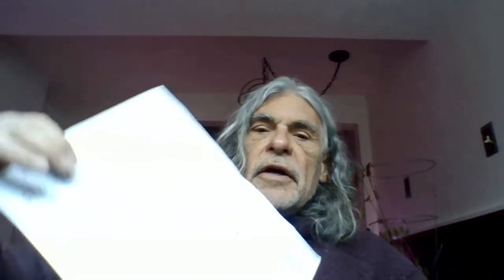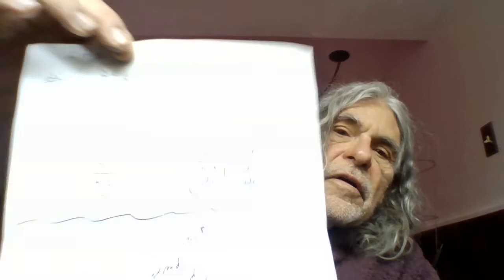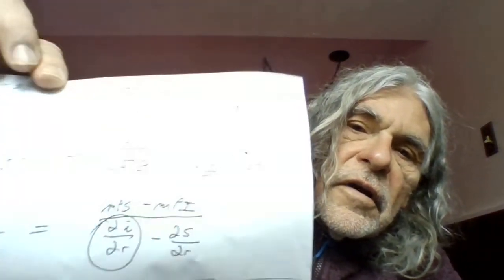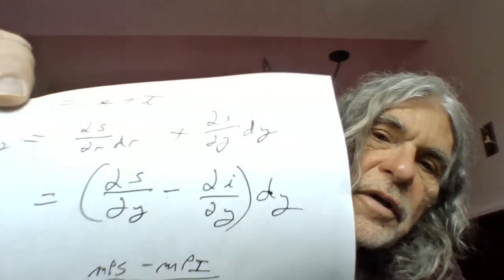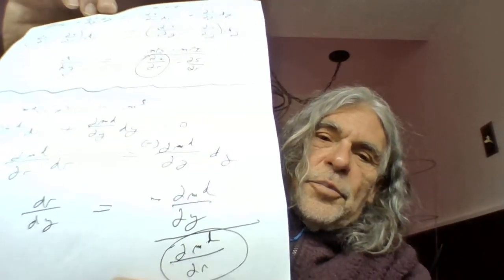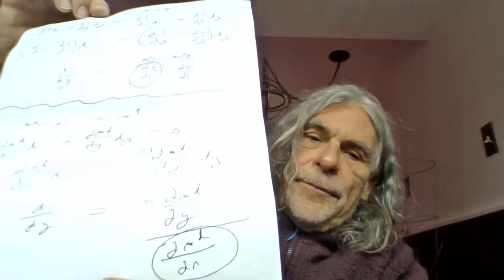Okay, what I want to do now is take you back to our last class in person, when I gave you this little handout. It's kind of hard to read, but it's the slope of IS and the slope of LM.